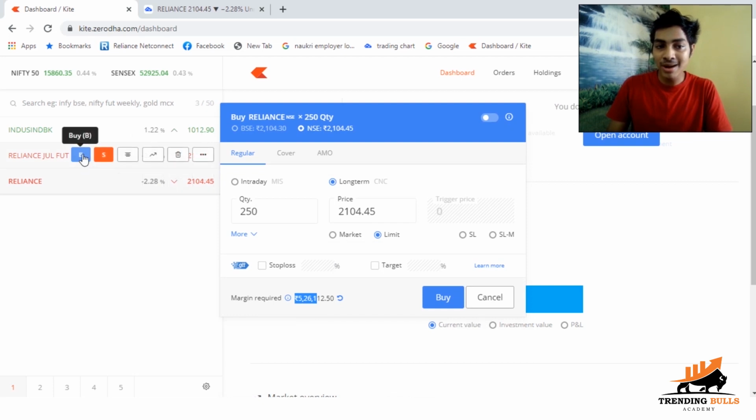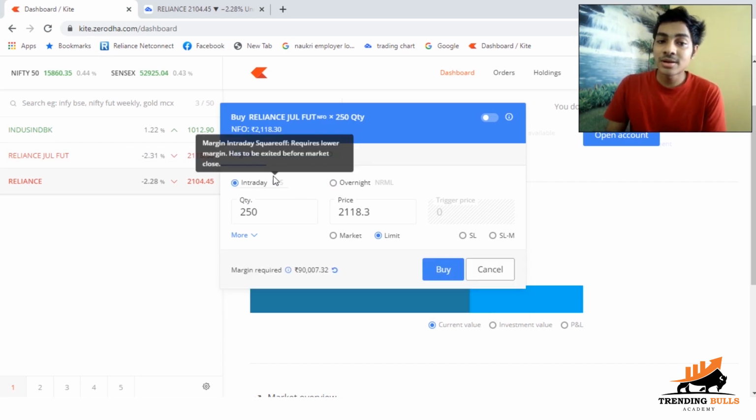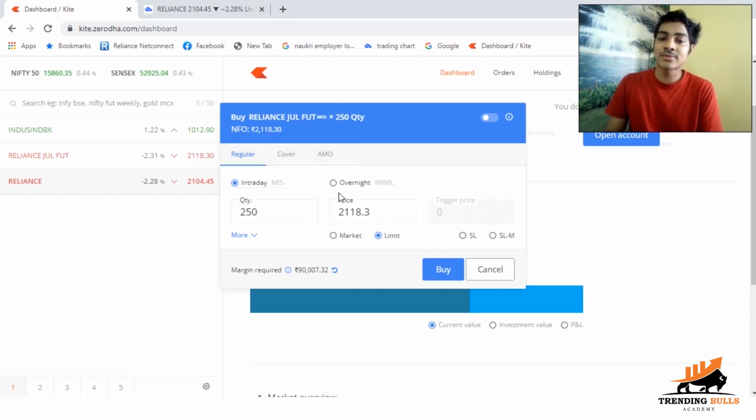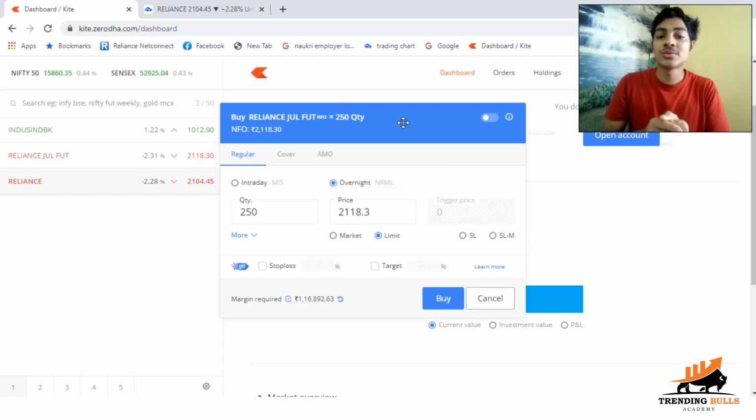Whereas if I buy in futures, if I want to buy 250 quantities, you can see you just need 1,16,000. Again, you can buy a Reliance future in two ways: the first is the intraday perspective and the second is overnight, in the sense of delivery. The first point is the same, that you get leverage in futures and also in intraday.